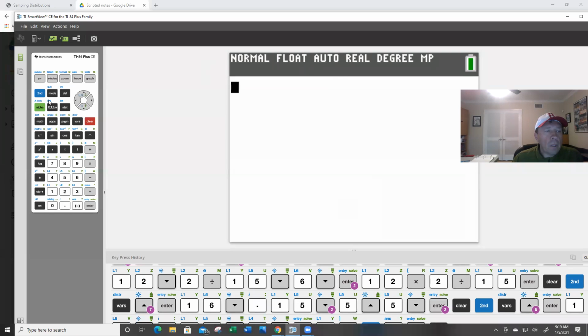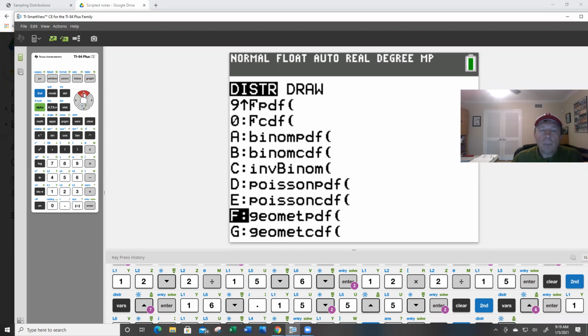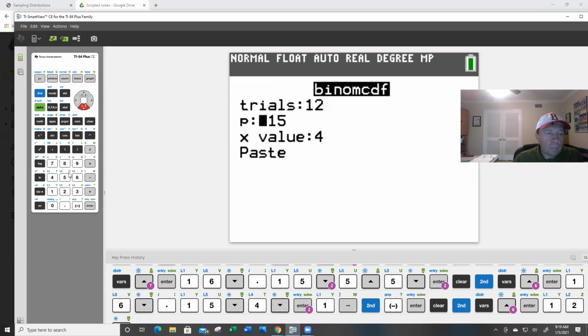Okay, let's go. Second distribution, binomial CDF, 12, 2 divided by 15, and then 2 or less. Sound good?